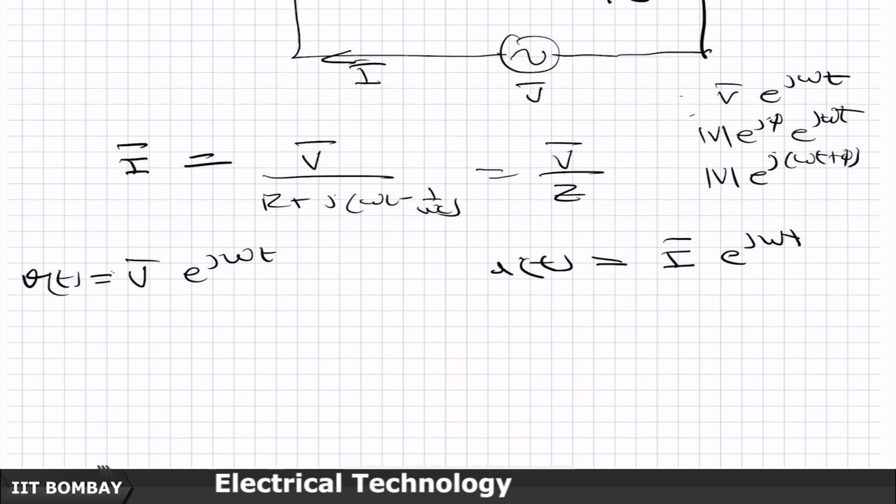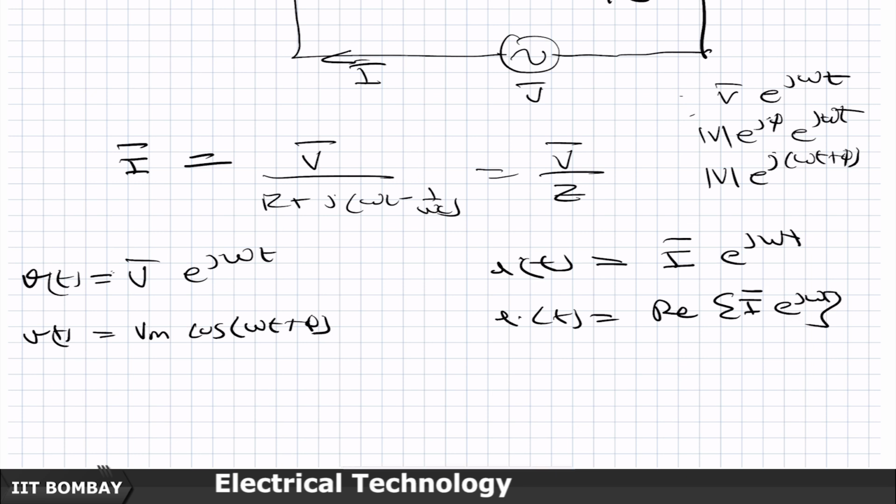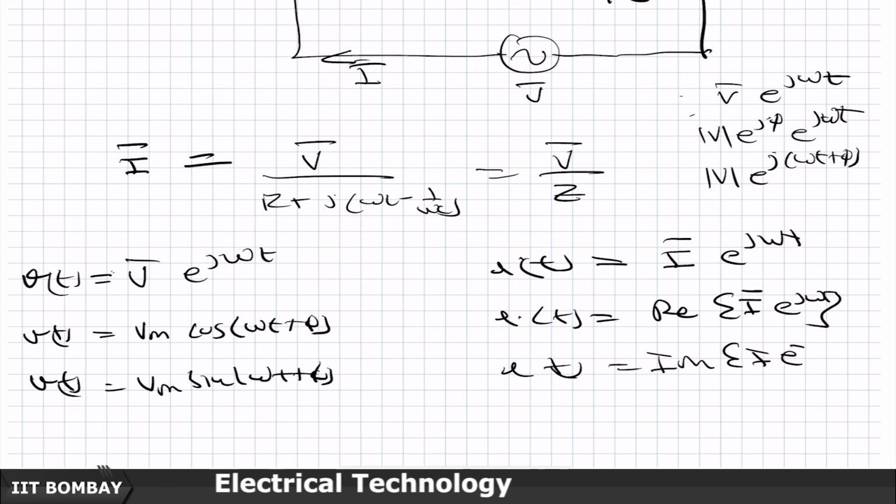If V of t is Vm cos of omega t plus phi, then the response is the real part of this, and if the excitation is Vm sin of omega t plus phi, then the response is just as simple as this.